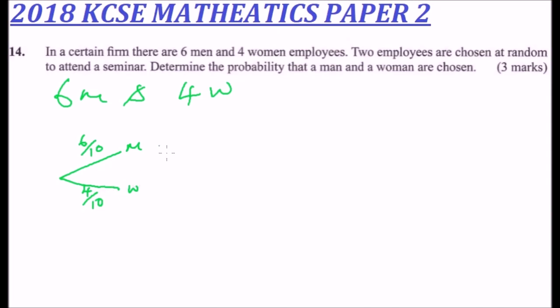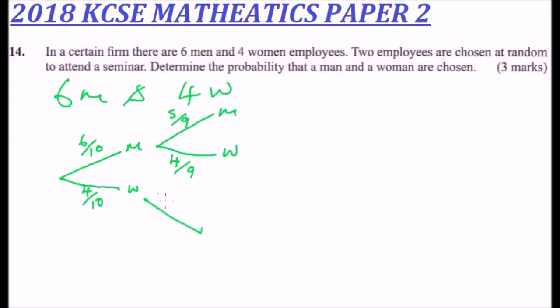Then if a man is chosen the first time, we have 9 people remaining, and there will be 5 men remaining. So the probability that a man is chosen is 5 over 9. The women, if a man is chosen the first round, are still 4 out of the 9 members.